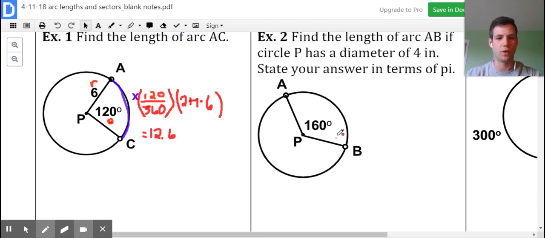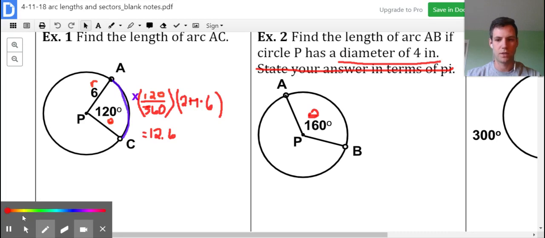Moving on to the problem to the right, we're going to ignore stating the answer in terms of pi for now, but we have an angle of 160 and a diameter of 4 inches. That means we could take half of that diameter and make it a radius length equal to 2 inches.